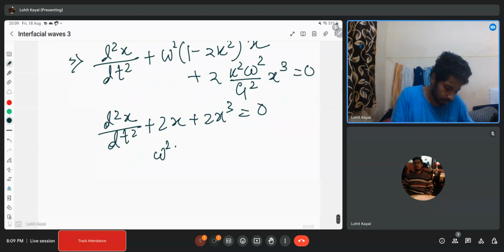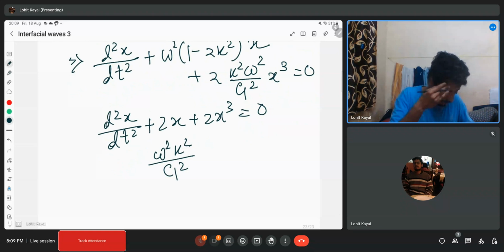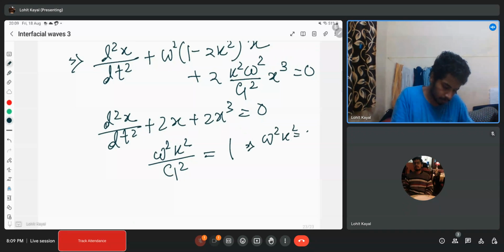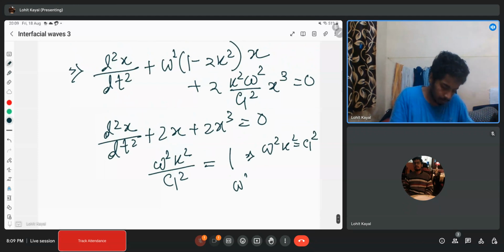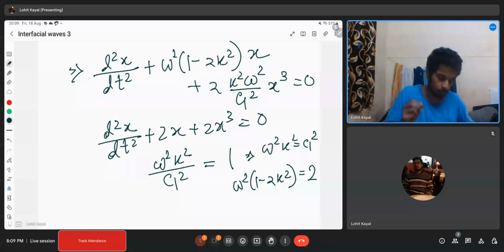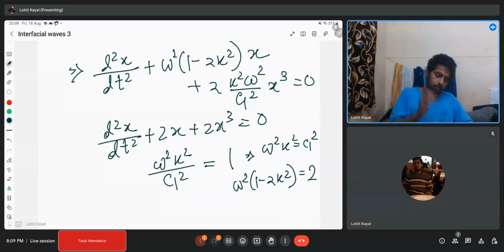We are getting ω² k² by c1² equal to 1. This implies ω² k² equal to c1², and ω² into (1 minus 2k²) equal to 2.